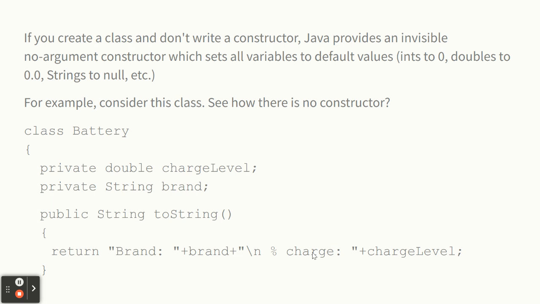For example, look at this class. There's no constructor. We have class Battery, private double chargeLevel, private String brand, and then there's a toString. So if I create one of these batteries, there's no way to say it's a D battery or a 9-volt battery. But if I print it, what do you think will get printed?